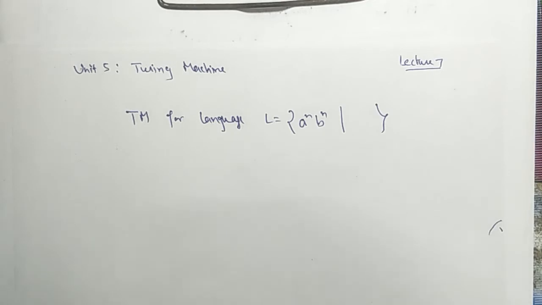But in this lecture we are not going to erase the symbols. Instead, we will change small a to some other symbol, say capital A, and small b to capital B, and we will try to find the benefits of it. Why we are not using blank here, we will get the answer to this question at the end of this lecture.